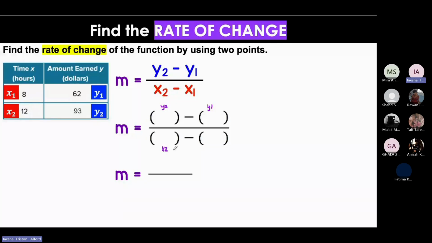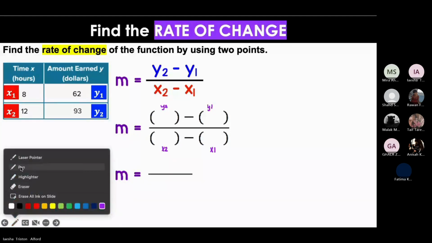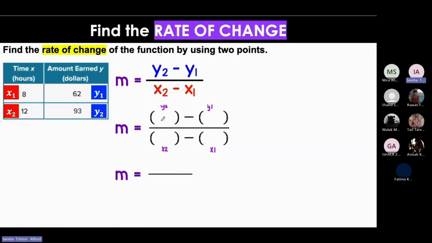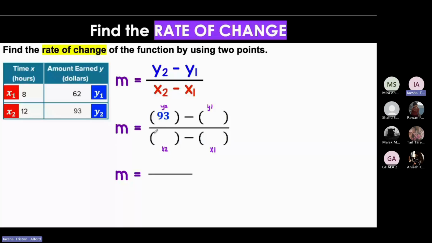This is the number for x2, and this is the number for x1. Make sure you put the numbers in the correct place. So y2, positive 93, y1, positive 62, x2, positive 12, and x1, positive 8.